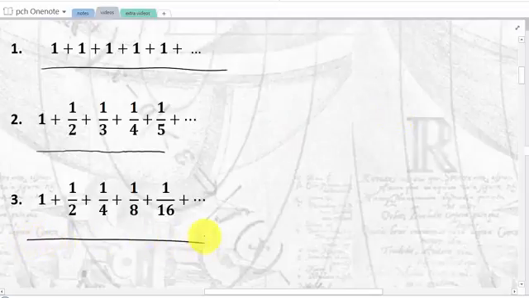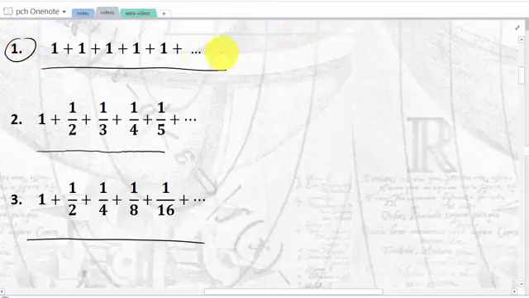The second one, when I do 1 plus 1/2 plus 1/3 plus 1/4 plus 1/5 plus 1/6 plus 1/7, an infinite number of times. And the last one, when I add 1 plus 1/2 plus 1 over 2 squared plus 1 over 2 cubed plus 1 over 2 to the 4th, an infinite number of times. Okay? So let's start with number 1.